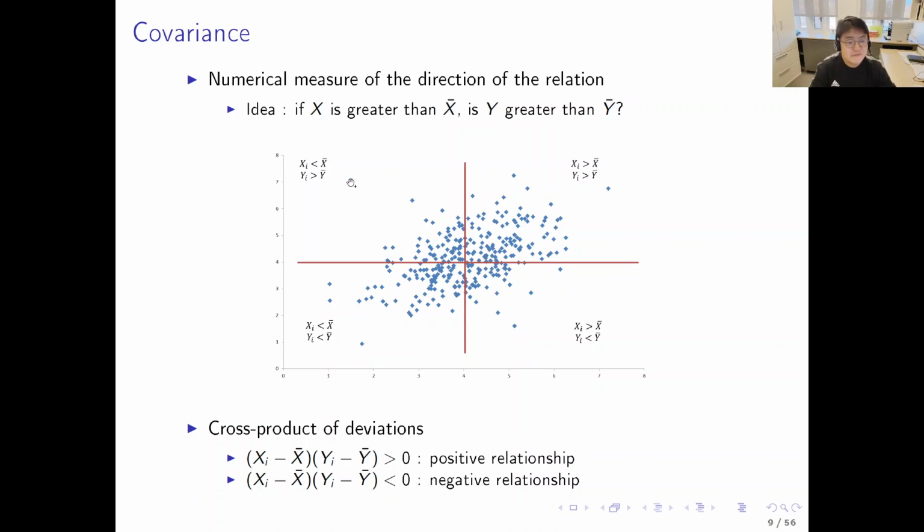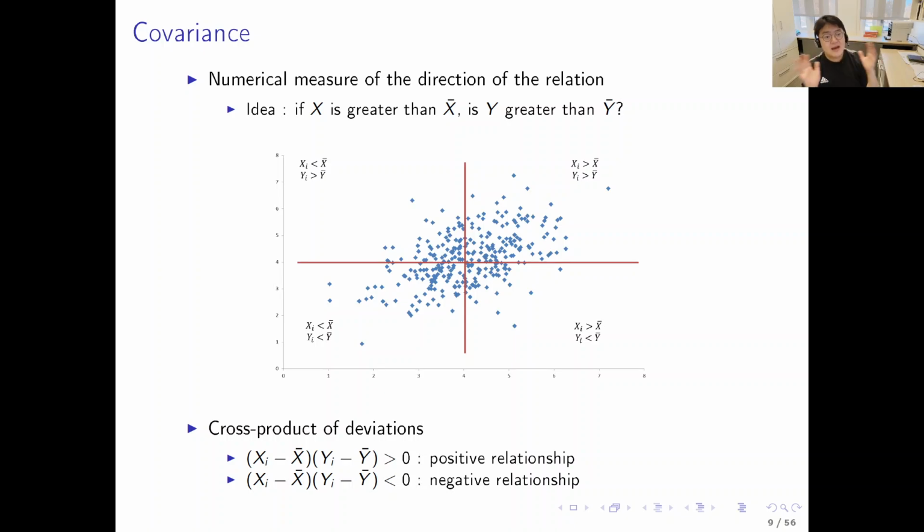But the second and the fourth quadrants are the opposite directions. They are the observations with negative relationship, when one variable increased but the other variable decreased, right? X increased but y decreased, or x decreased but y increased.